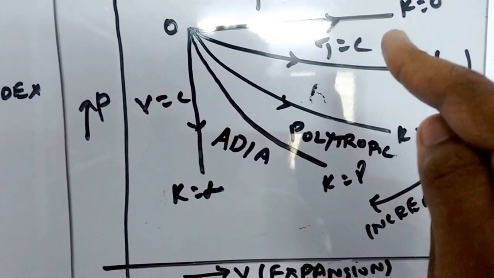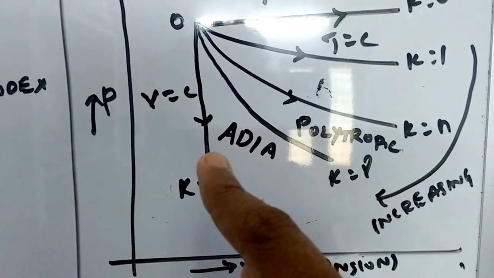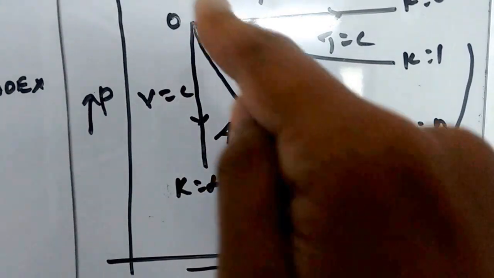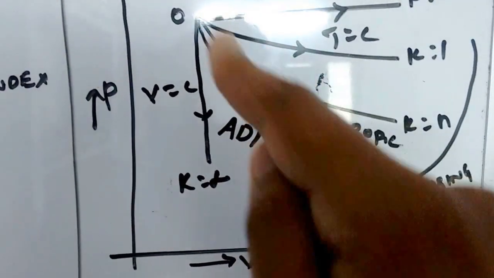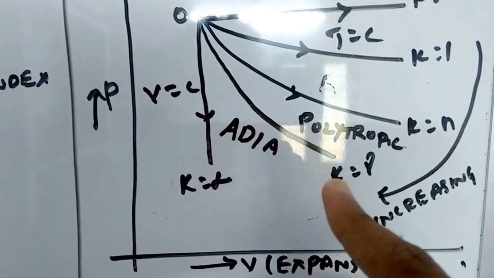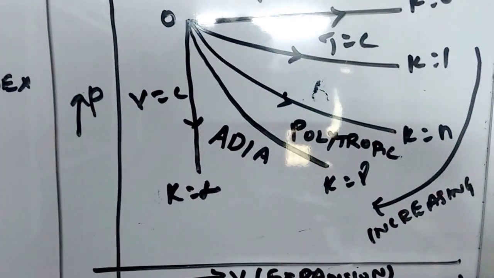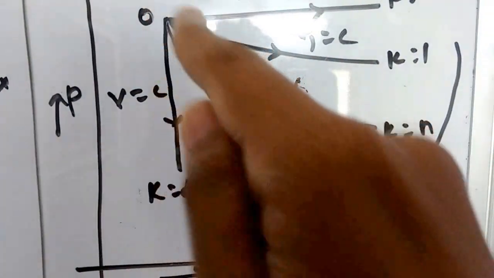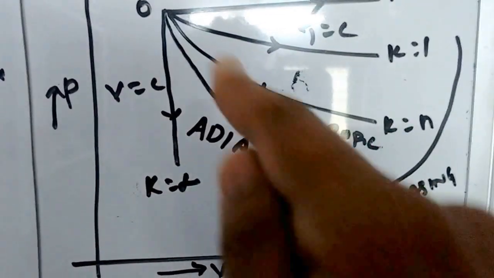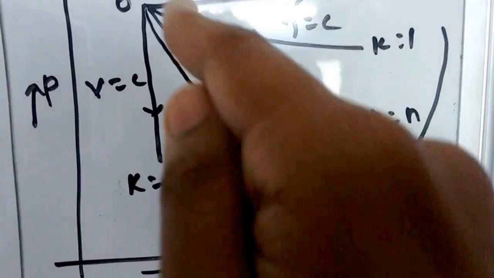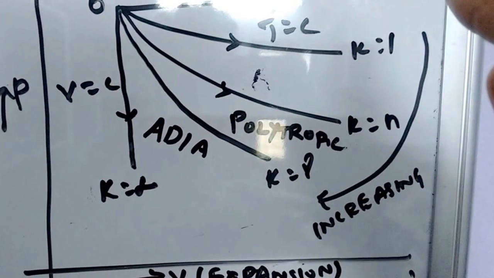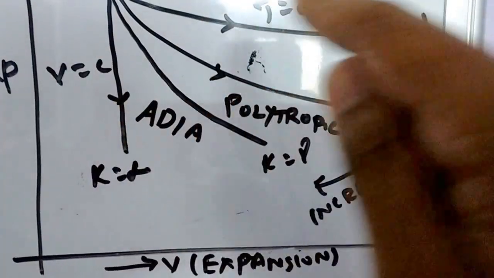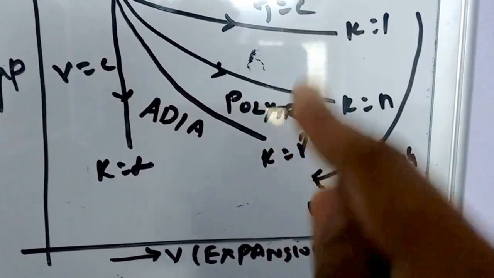Between the constant pressure process and the constant volume process, the isothermal line, polytropic line and adiabatic line will be plotted like this. K = 1 is the isothermal process, K = n is the polytropic process, K = gamma is the adiabatic process. The value of K increases from this curve to this curve in this direction.